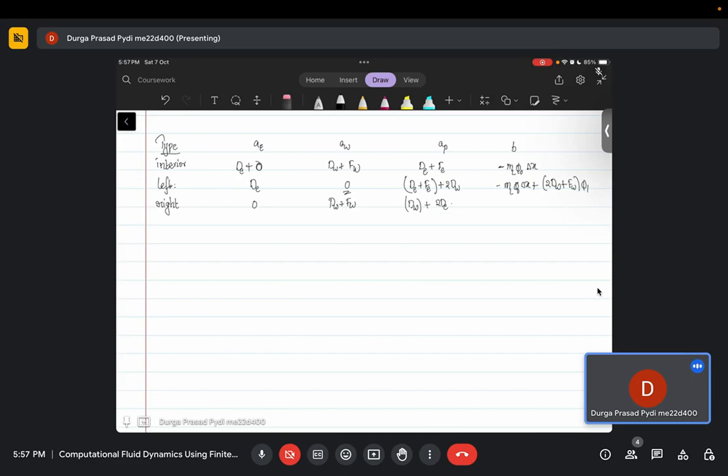Your remaining terms will come to your b term. So you have phi 0 delta x, and then you will have 2dE times phi 0 here. Is it clear, or did I leave something? There is an f east term also here, or d east plus f east. So you will have 2 times the diffusion coefficient plus f east. I think that is clear.